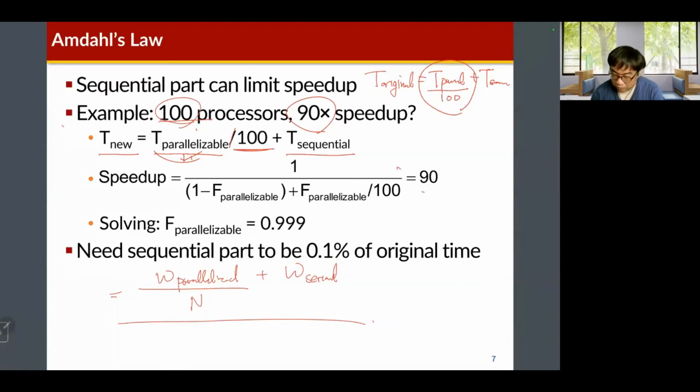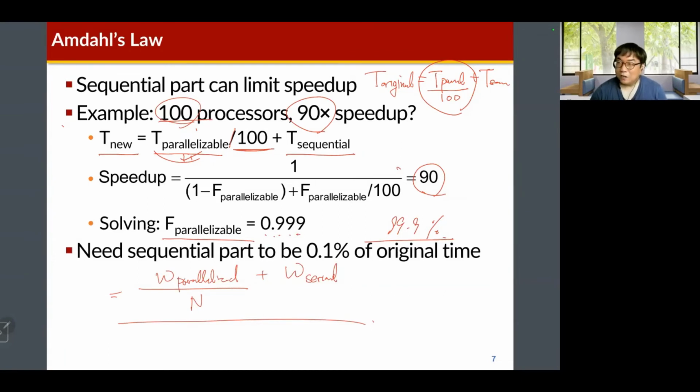But by Amdahl's law, in order to gain 90 times speed up, the fraction of parallelizable part is 0.999, which means 99.9% of the workload should be parallelizable. So about 100% of the workload should be parallelizable, right?